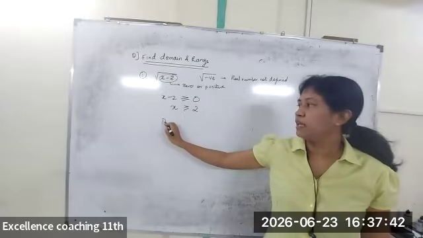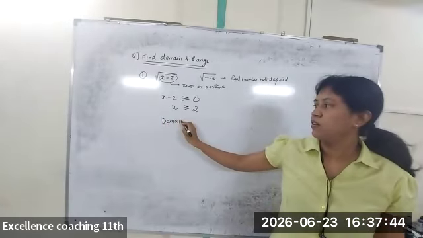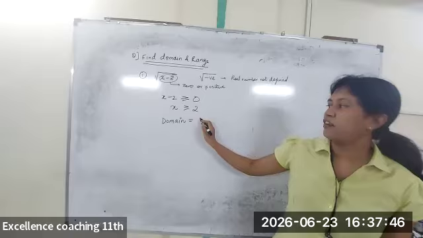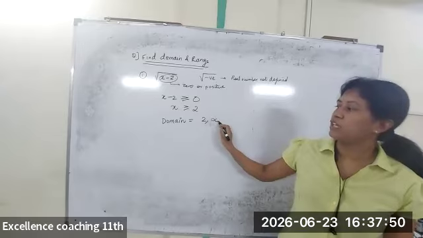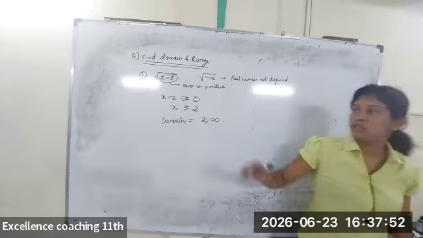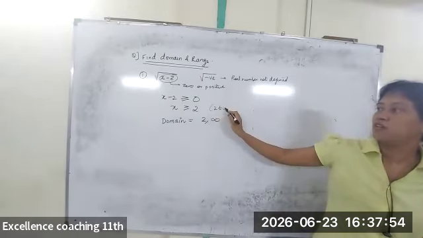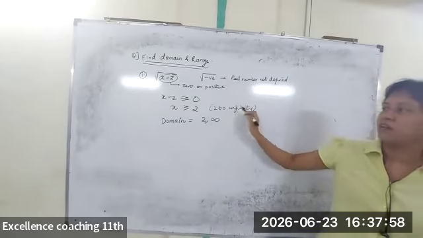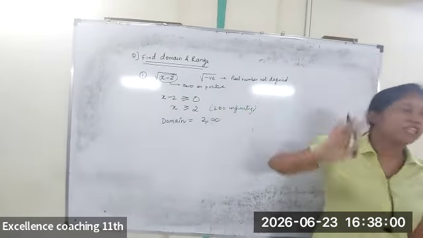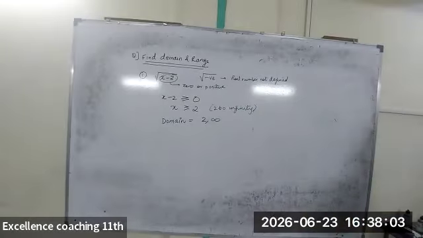So your domain will start from 2 and go till infinity, any number. From 2 to infinity, any number you can take, then you will start getting positive numbers.